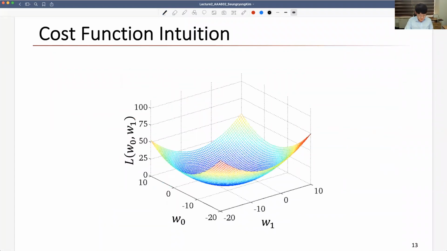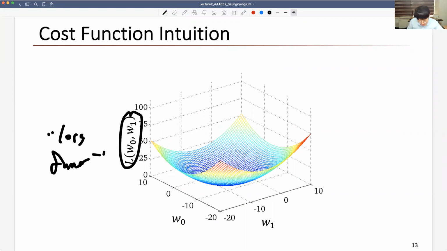So here, this is our loss function, and w0 and w1 are the two learnable parameters, right? So by varying w0 and w1, we can determine the loss function.